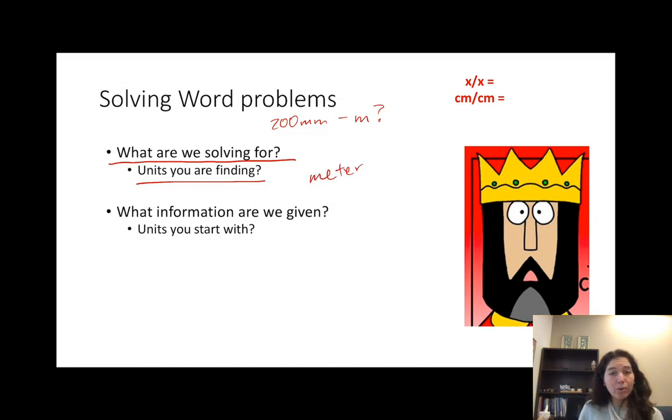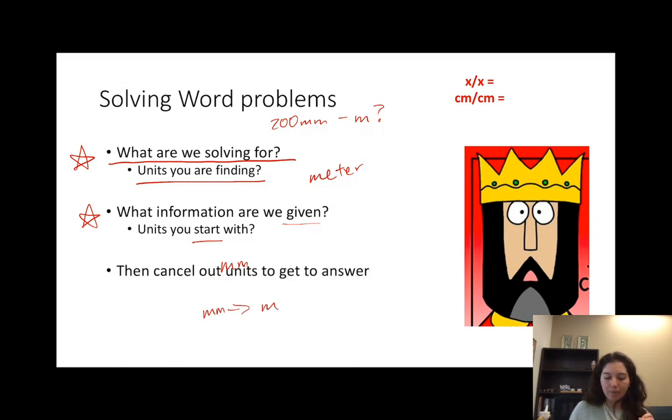What information we were given, what we started with, was millimeters. So at the end of the day, we're going from millimeters to meters. Now this seems like a simple concept, but when you get into big word problems with lots of text, it might be very hard to identify this. So this is a really good 2 questions to ask yourself if you're stuck on word problems.